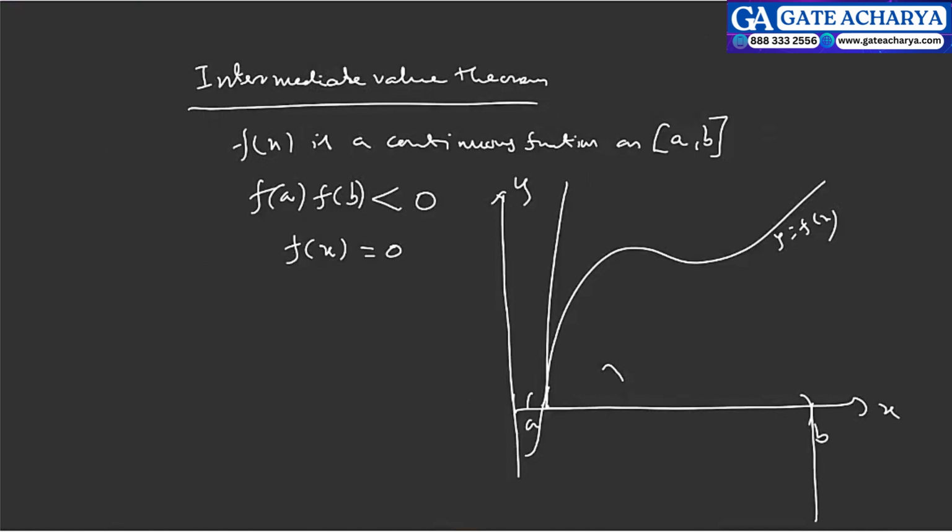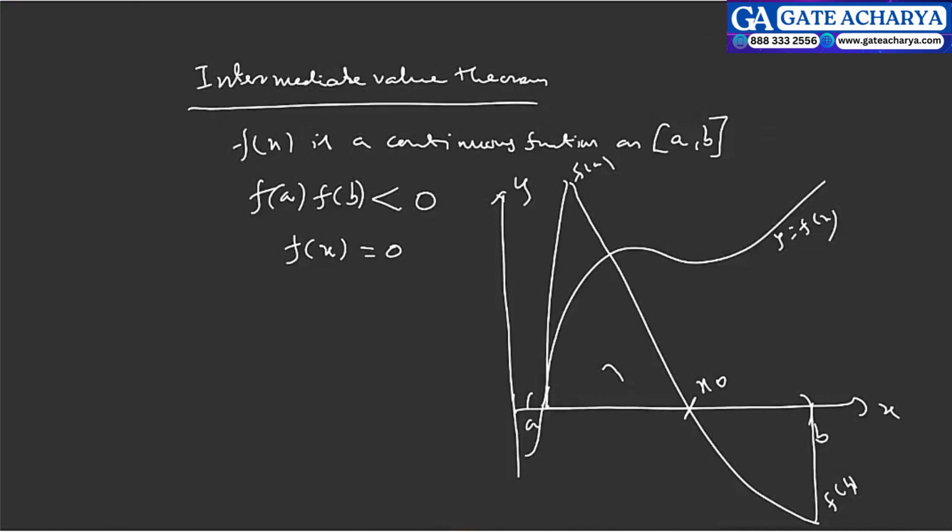If so, the function goes between a and b: this point is a, f of a, and this point is b, f of b. Then the function's curve meets the x-axis at some point, say x naught. Where is this x naught? It definitely lies between a and b.